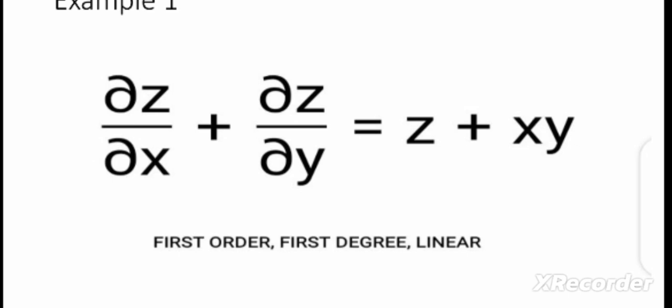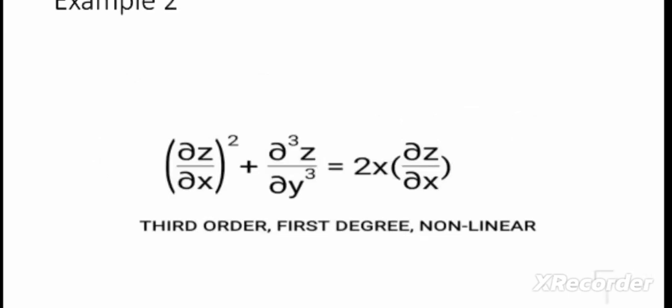So let's check some other examples. This is a third order PDE and it is non-linear according to the rules stated for linear and non-linear PDEs. It is third order because the highest order of partial derivative in this case is 3.